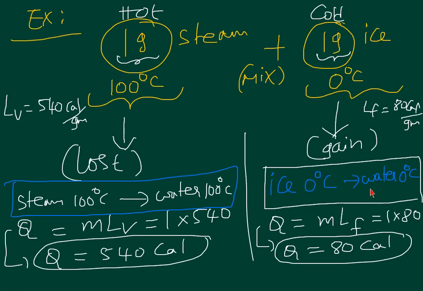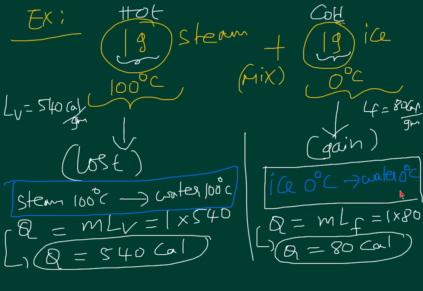So steam is ready to give 540 calories, but the water temperature there is 100, while here the water temperature is 0. Did they come to equilibrium? No, there is no equilibrium, because steam at 100 goes to water at 100, and ice at 0 goes to water at 0 only. So water at 100 and water at 0 are not in equilibrium.